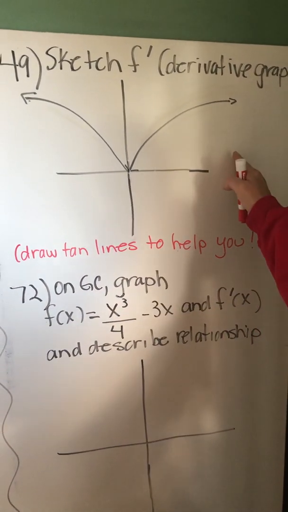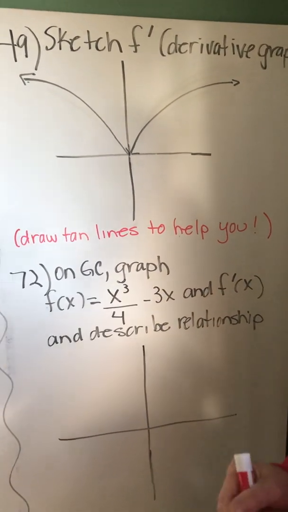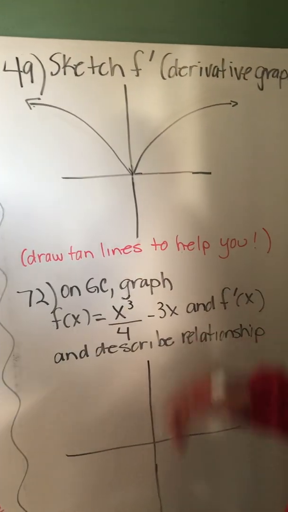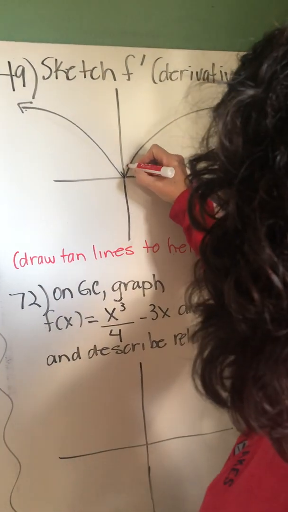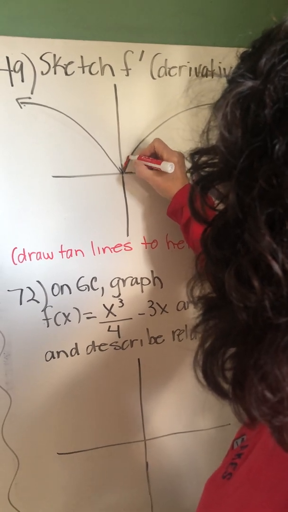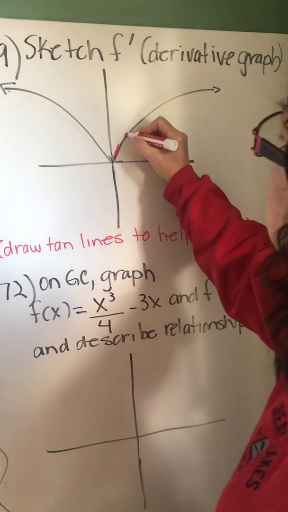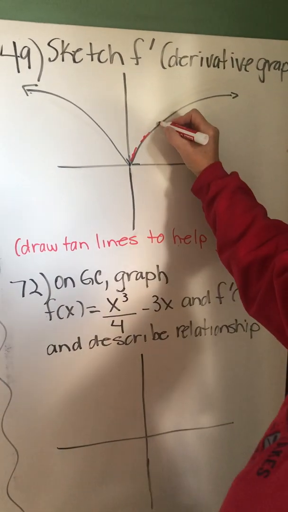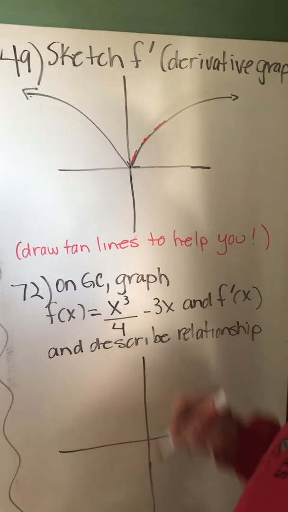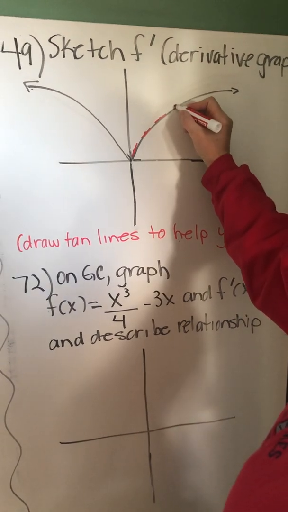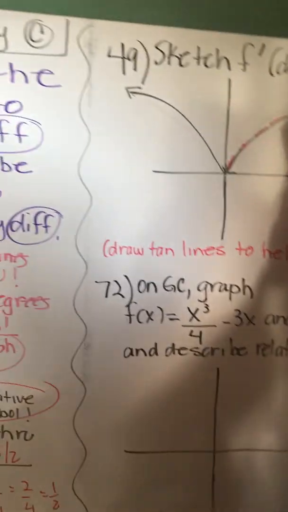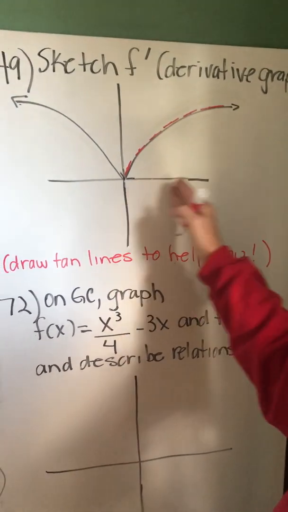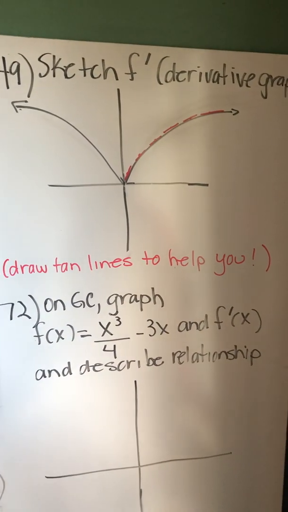So let's move along. Let's go to the right first and see if we can help ourselves out. I'm going to draw a few different tangent lines and see what is going on with the slope. Right? So here's a tangent line, very steep and positive. Here's a tangent line, still positive, less steep. Still positive, even less steep. Notice you can kind of see what is happening here to the right of 0.